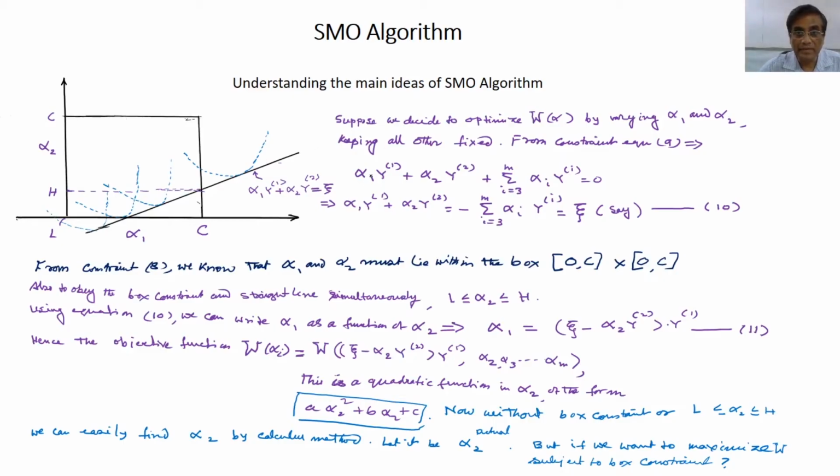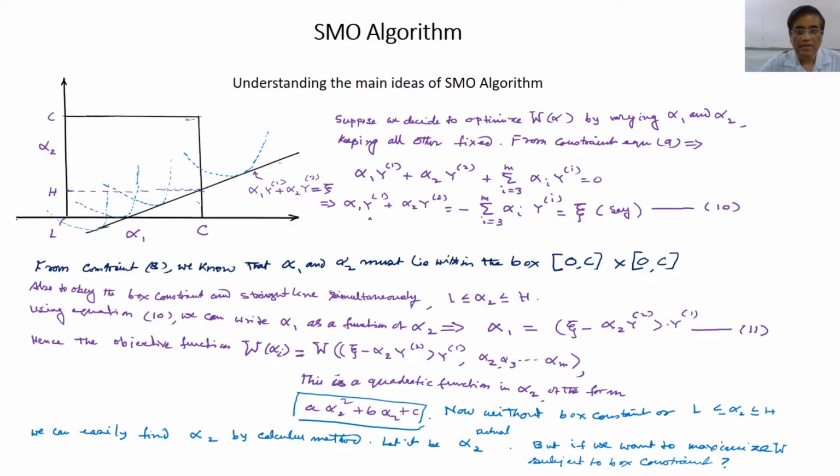We have taken two alphas, which need not be named alpha 1 and alpha 2, but we have done it for convenience. So alpha 1 y1 plus alpha 2 y2 plus the sum over i equals 3 to m of alpha i y i equals 0. Constraint 9 is telling me that.